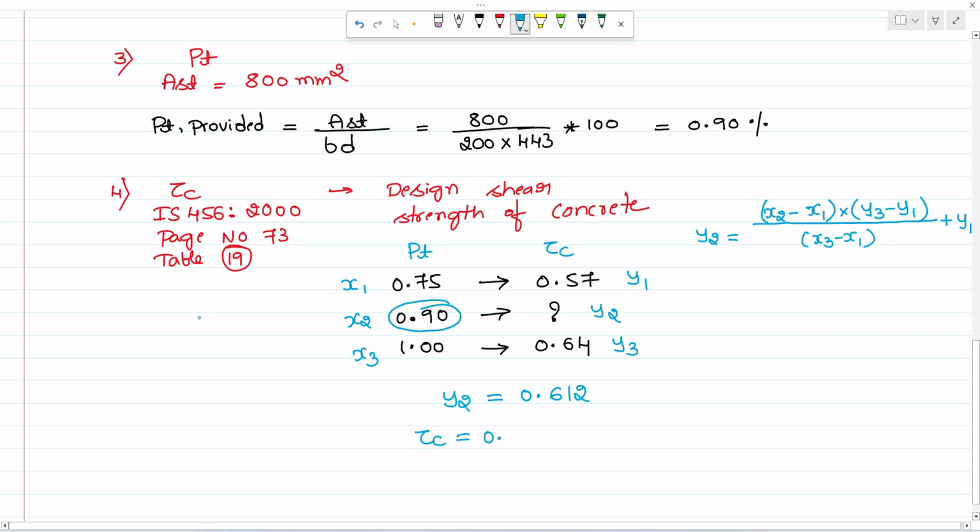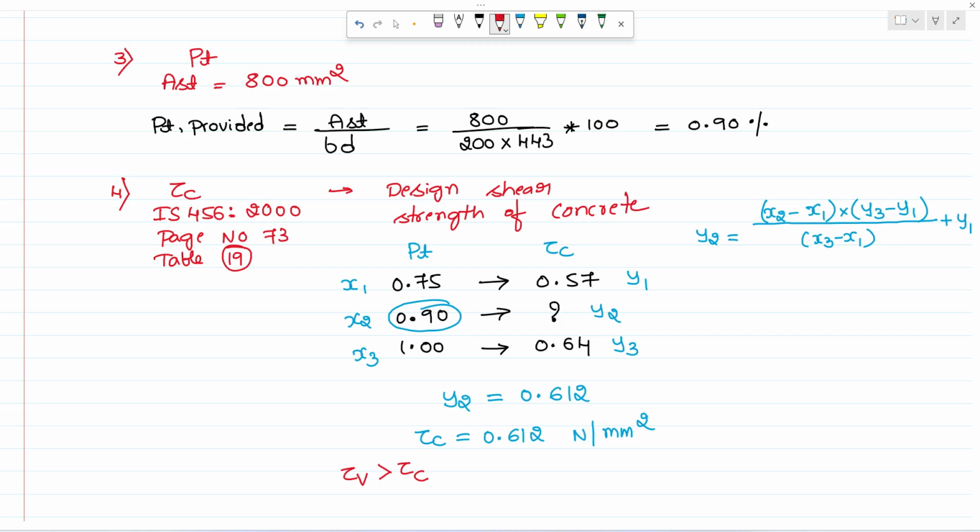So y2 is nothing but tau c. Tau c is 0.612, and the unit will be Newton per mm square. So here in our case, tau v is greater than tau c.